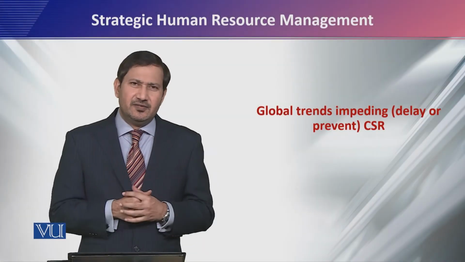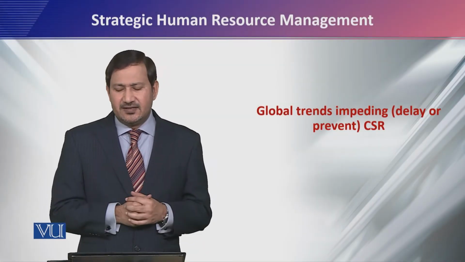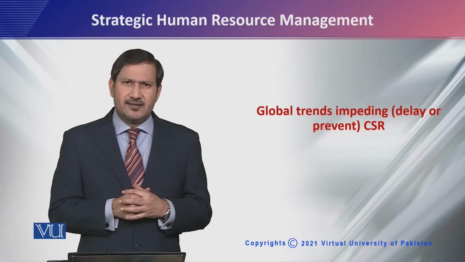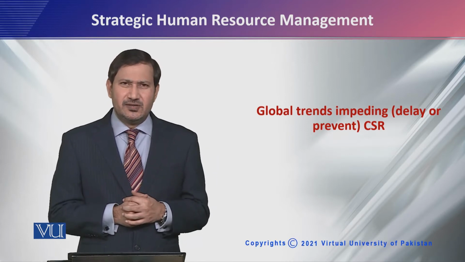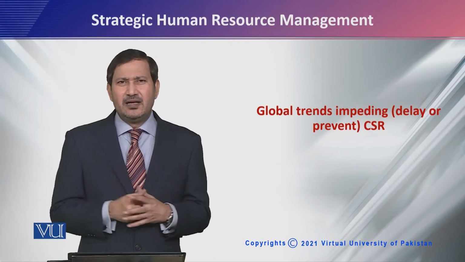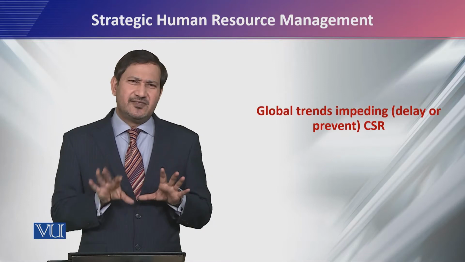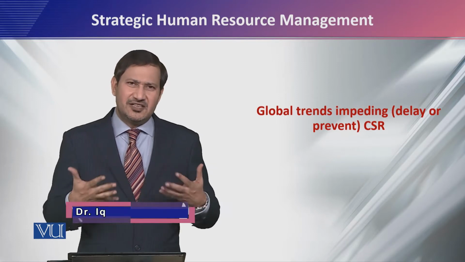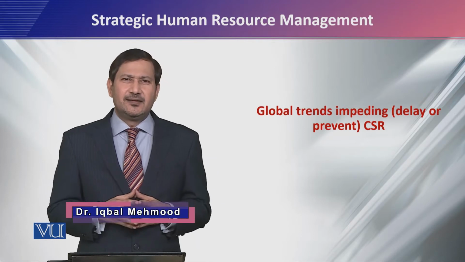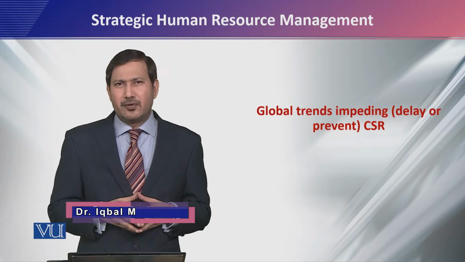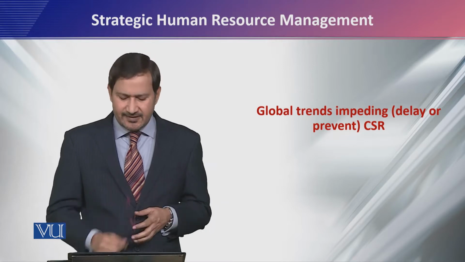In this module, we will continue to talk about some global trends impeding CSR, that is corporate social responsibility. For your convenience, I have just mentioned here what we mean by impeding. So, what are those factors that are actually delaying or preventing organizations and the other institutions from implementing corporate social responsibility?